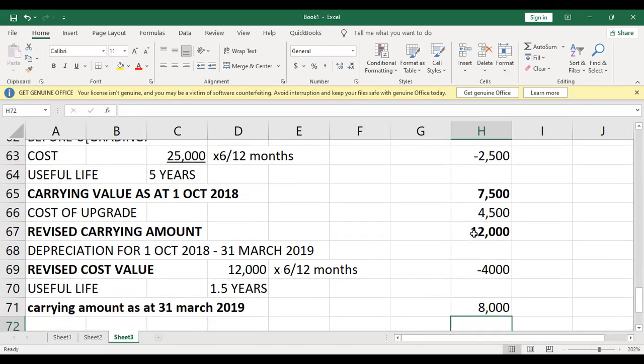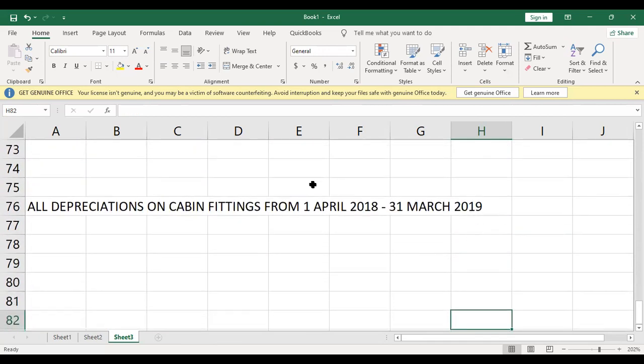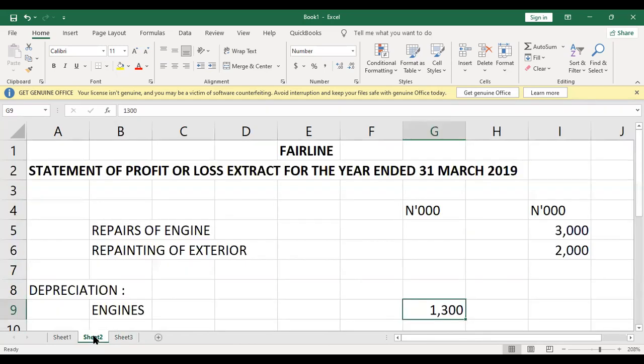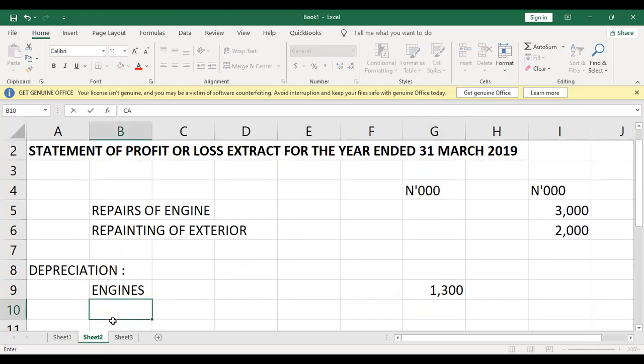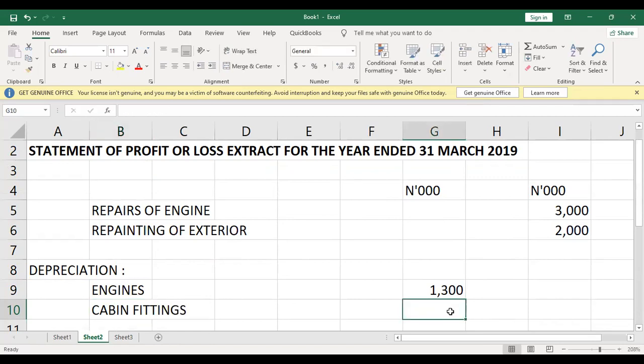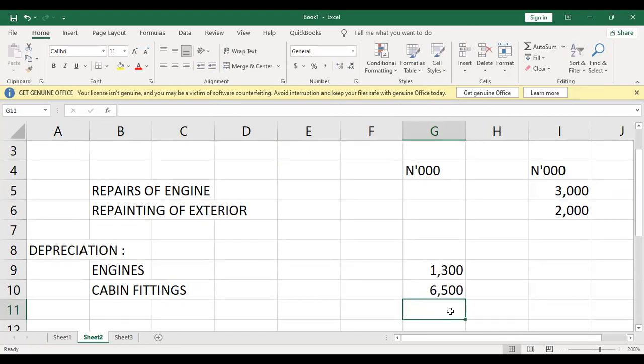We have 6.5: 2.5 plus 4,000, that's true. So depreciation on cabin fittings, we have 6,500. So we have one left, exterior structure.